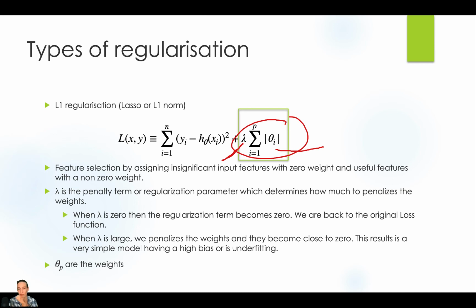So if your lambda here is 0, then we don't have any regularization and we might be overfitting. If lambda gets excessively large, then we penalize all weights. Your model becomes super simple with a lot of weights and coefficients dropped, and that means that it's most likely going to be underfitting.